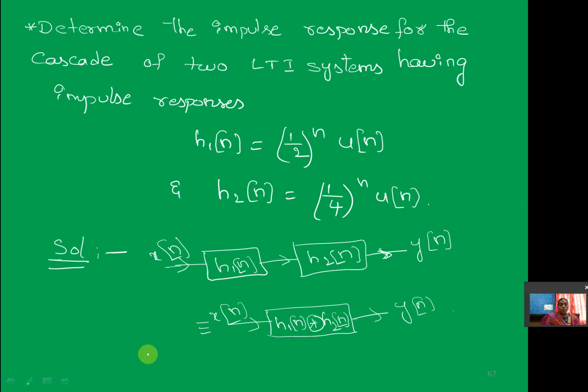So now we have to find this system impulse response, let it be h of n. So what is this h of n? h1 of n convolved with h2 of n. So now h of n is equal to, what is h1 of n? (1/2)^n u of n.